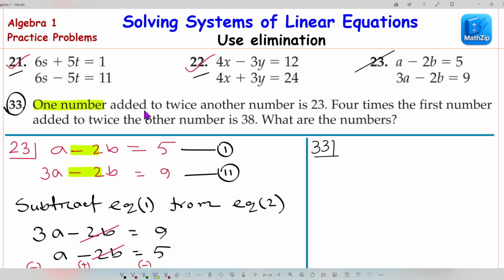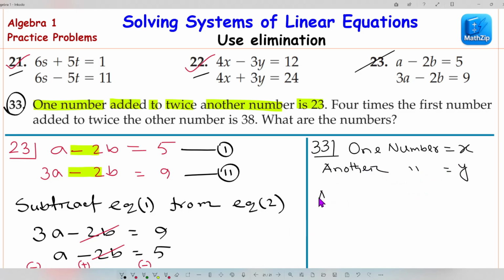One number added to twice another number is 23. So first we can write one number equals to x, another number equals to y.